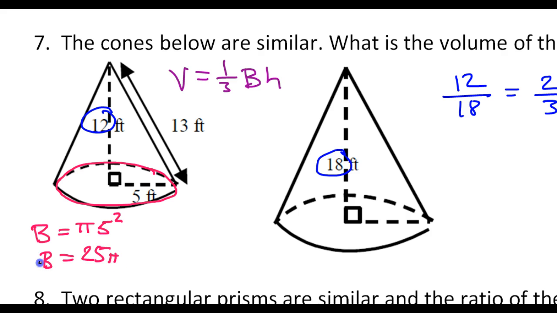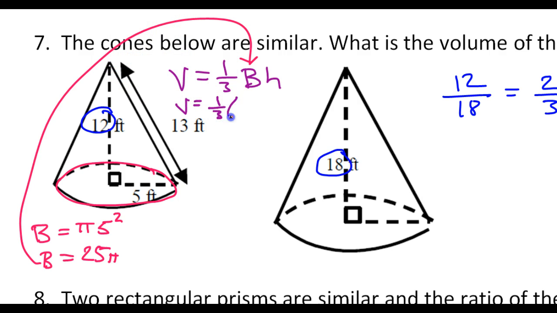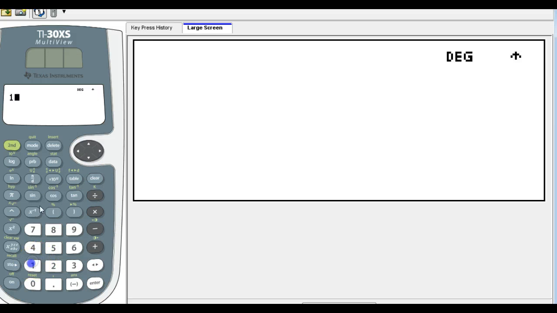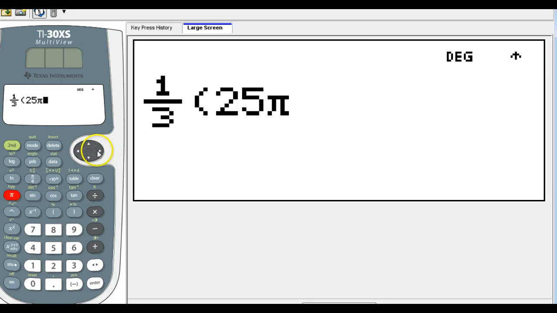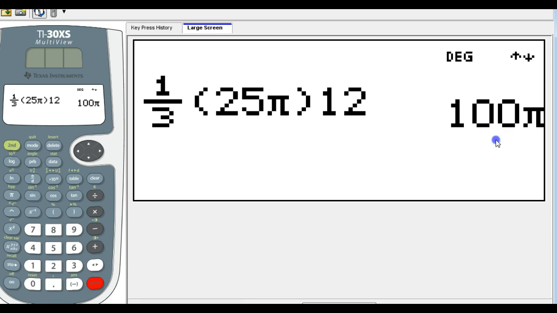Now, I need to take that base and substitute it here into the formula. So that's going to give me that the volume is 1/3 25 pi times 12, because that's the height. 1/3 25 pi times 12 is 100 pi.